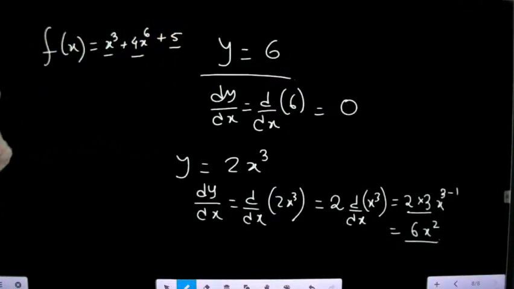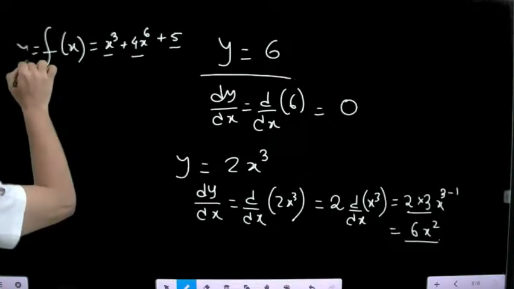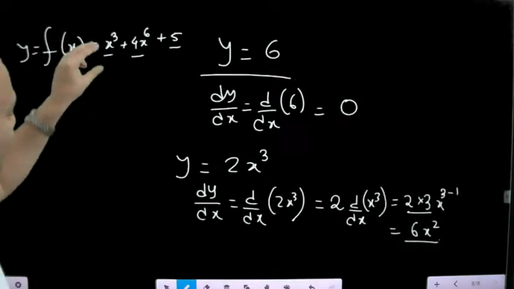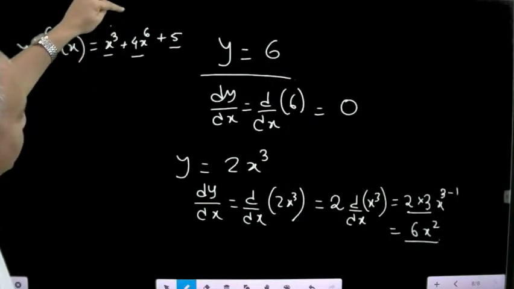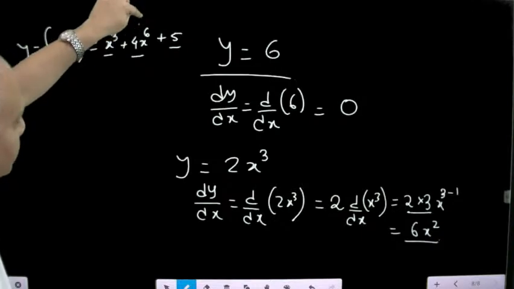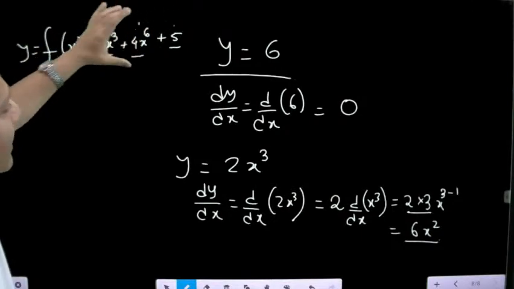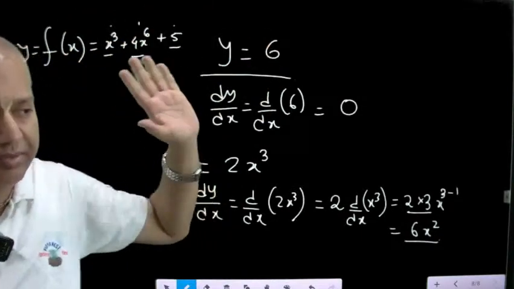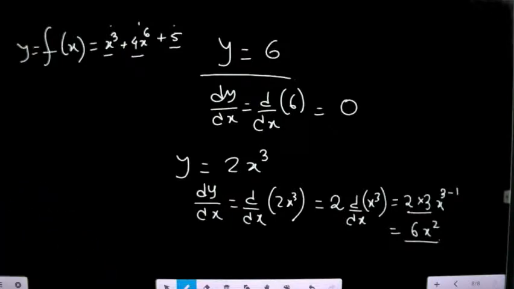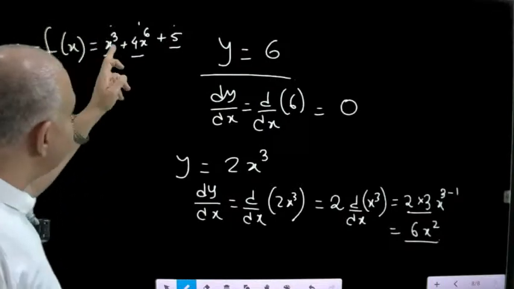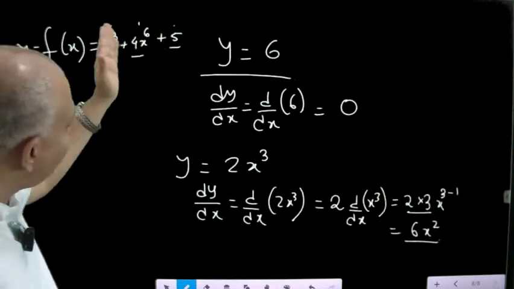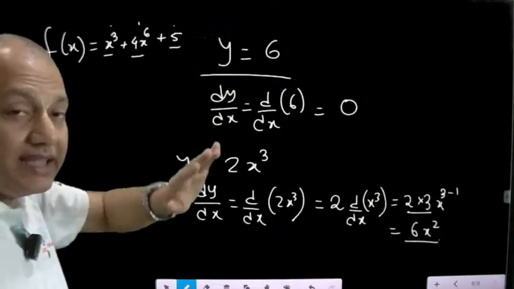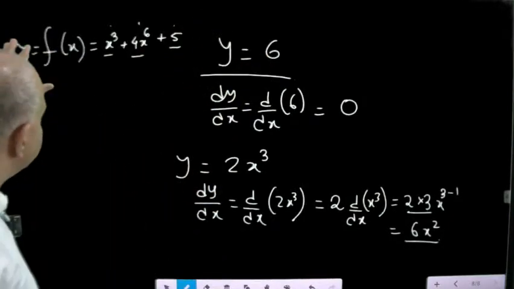So it is a function, just like this, I can think this is a y. So what the rule is that you have to separately differentiate this one, separately differentiate this one, separately differentiate this one, and you have to add the results. Simple thing. What I told? You separately differentiate each and every one and add the result, you will get the differentiation result.